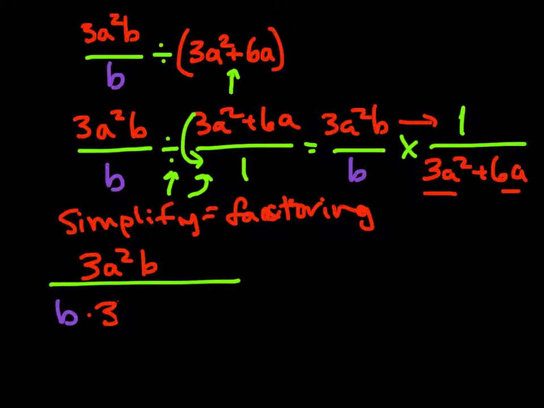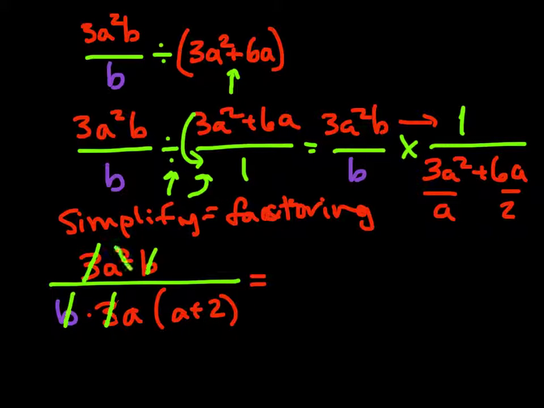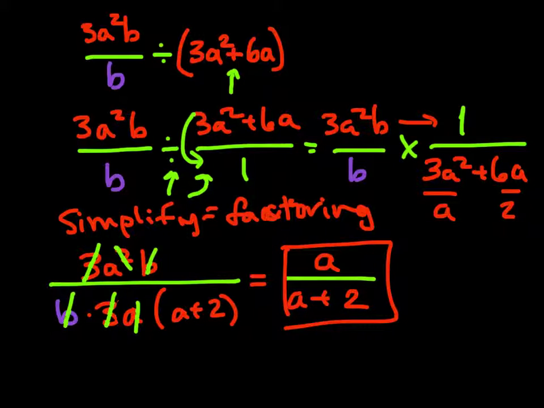Let's not screw ourselves up. 3a, and that leaves behind an a and a 2. So we have a plus 2 remaining. After that, we just need to do our last little steps of simplification. Our 3's will cancel, our b's will cancel, and an a will cancel. So all that is left up top is an a, and all that is left on the bottom is a plus 2, and that is our final answer.